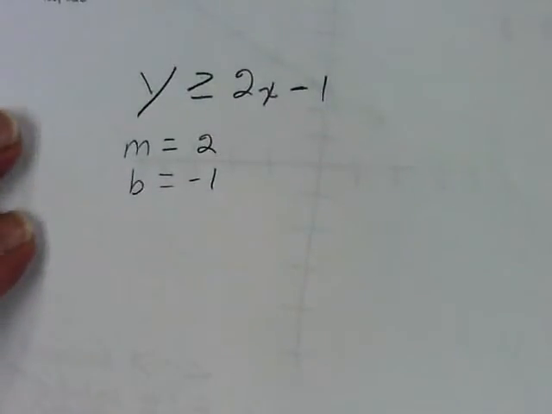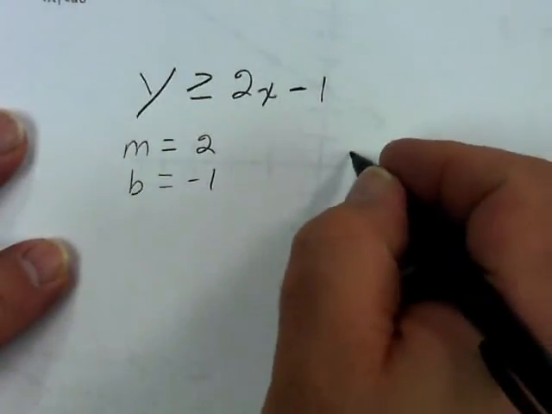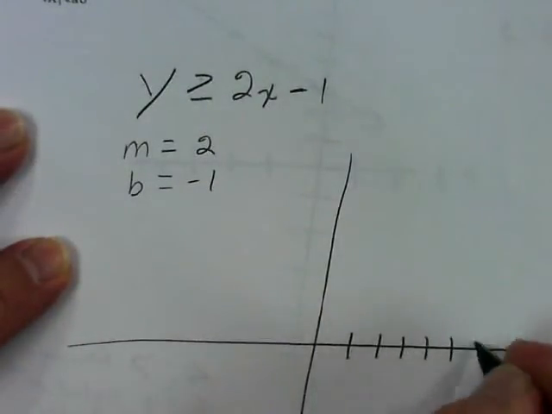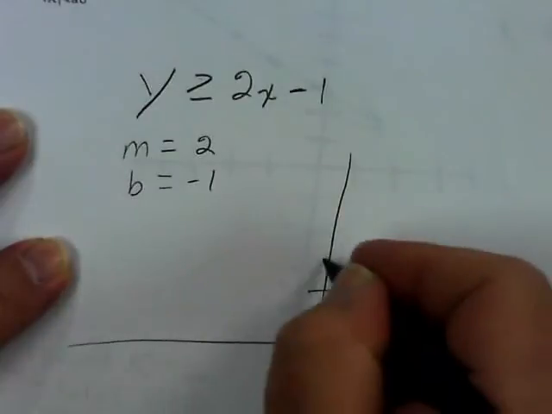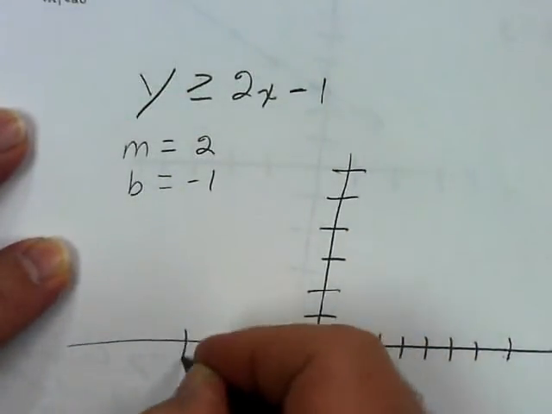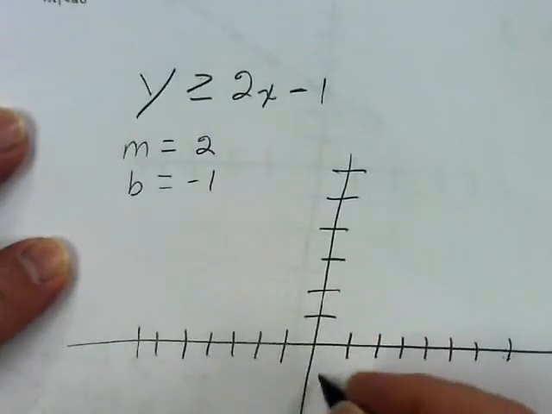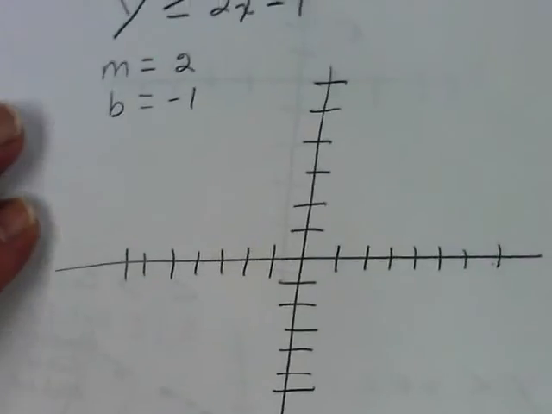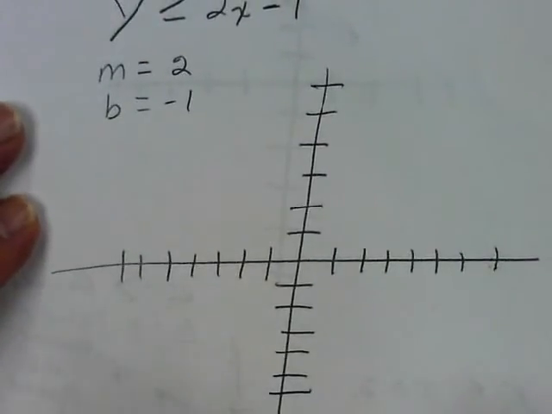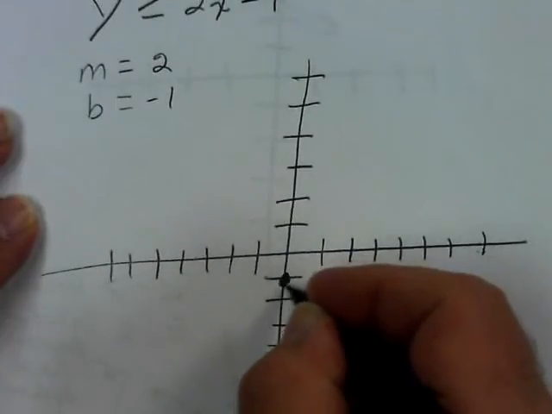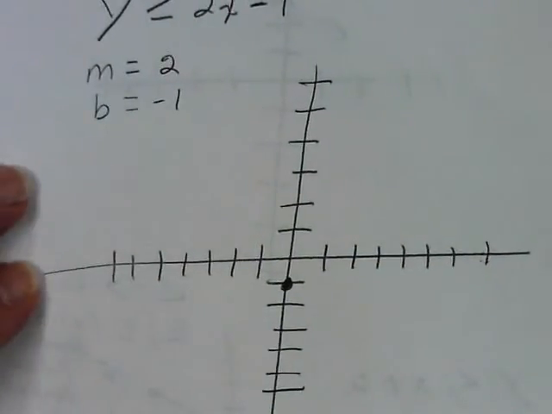So I'm ready to graph. So where would I start at? Down -1. Start here at -1. And then go up 2 over 1.